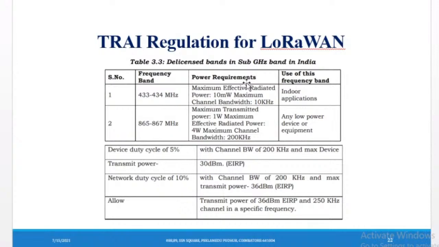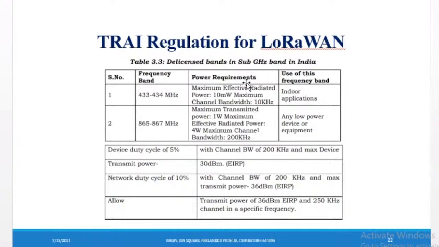The first band they have given is 433 to 434 megahertz, which is just 1 megahertz that I'm unable to use efficiently. Instead, I'm using 865 to 867 megahertz.